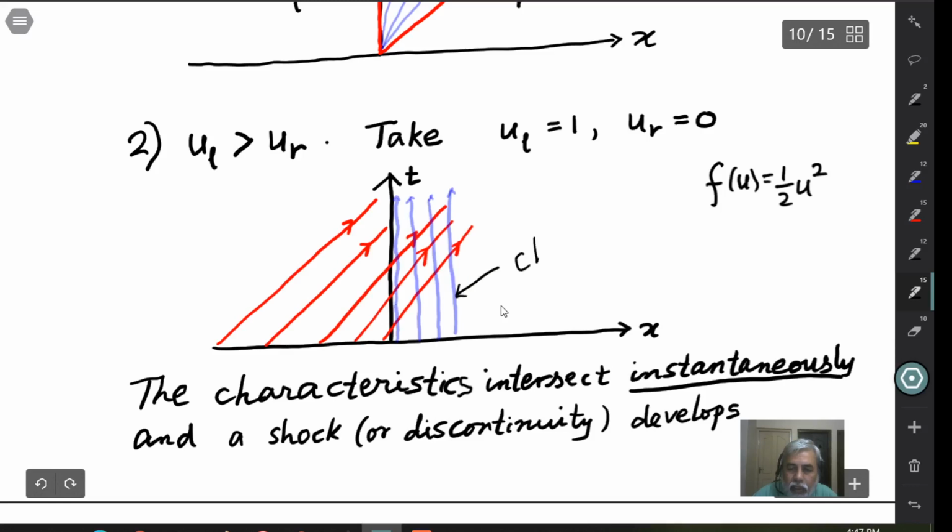Both are characteristic curves. So in this case they are straight lines, and these are also characteristics.